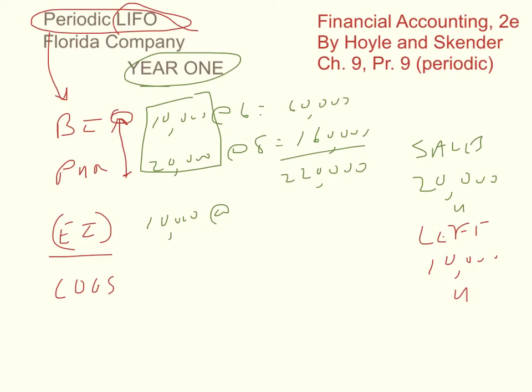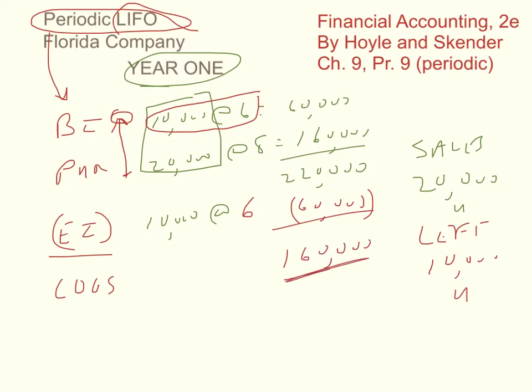So which is the first 10,000? Right there is your first 10,000. You make the assumption. Now remember, this is an assumption. We don't know which units are left. But we assume it's the 10,000 at 6. That's $60,000. So in year 1, you have a cost of goods sold of $160,000. That's different because FIFO and LIFO show a different picture of the reporting company.